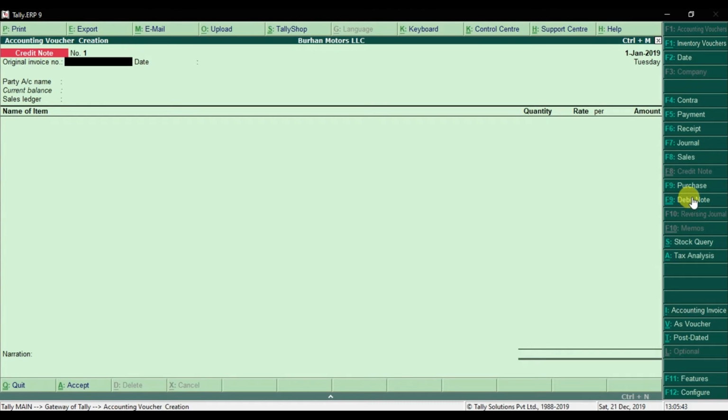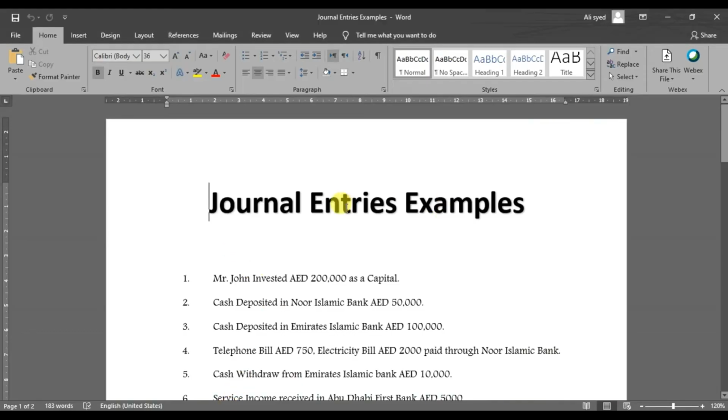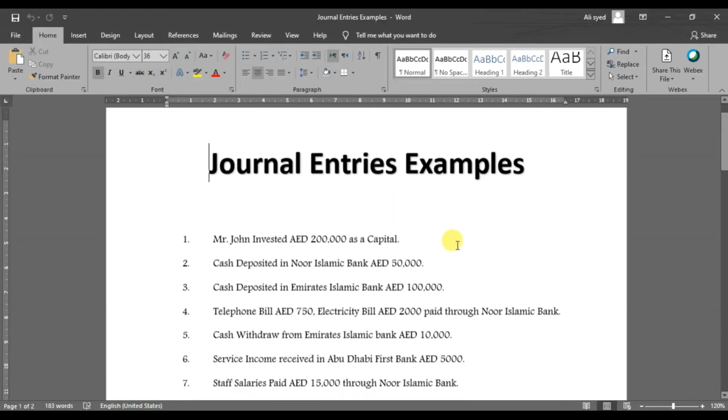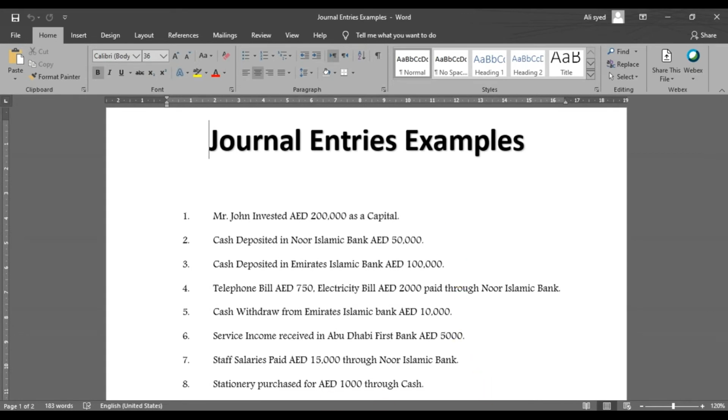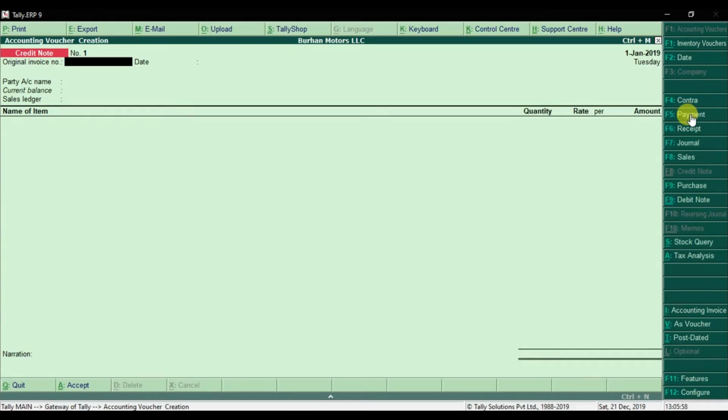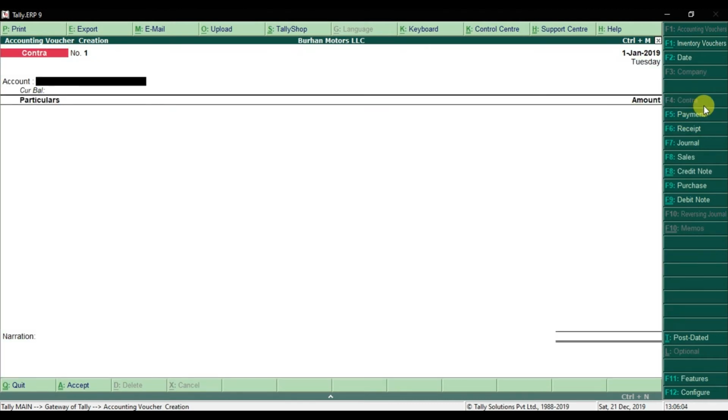Clear? Any question? Right now we need to do the journal entries, so we need to record these. We'll do the most common vouchers, which is F4, contra, where we record all transactions in which cash, petty cash, and bank are involved.